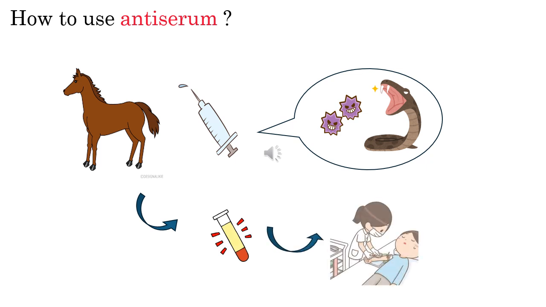Antiserum is mainly used in the treatment of snake venom. In addition, since antiserum derived from horse blood is administered to the patient, one should be aware of allergic reactions, as mentioned earlier.